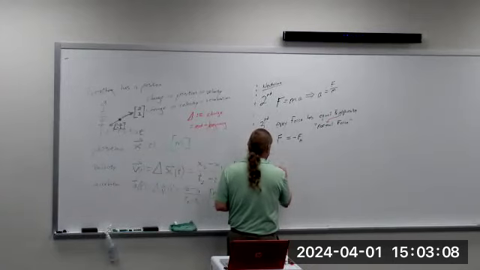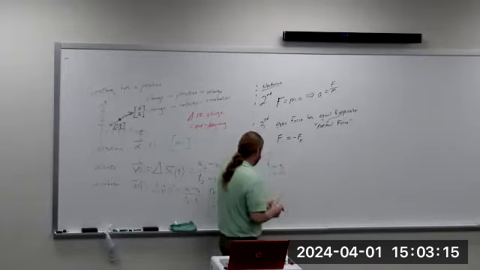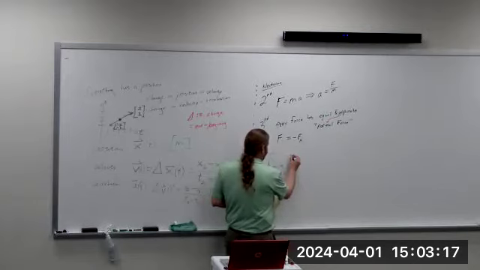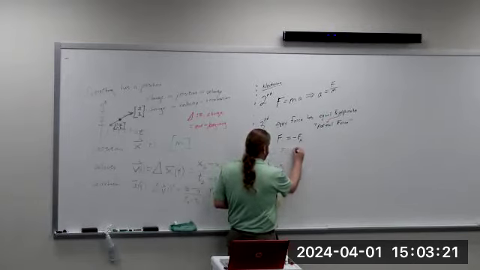The ogre has a mass of 3 and an acceleration of 0.2, so the force he's running forward with is 0.6.